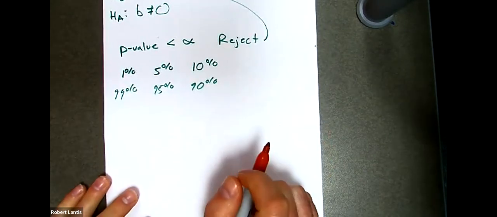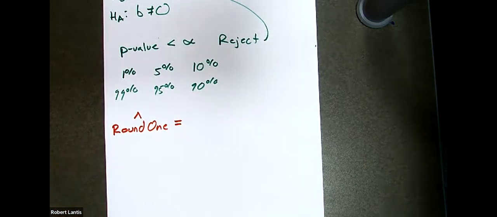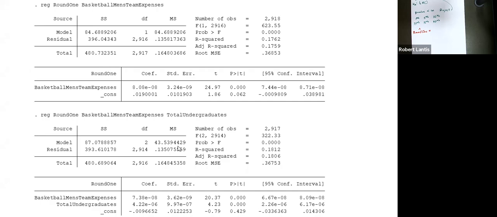So another thing that we talked about last class was that we can use our regression output to make predictions. So if I want to predict whether or not a team makes it into that first round of the tournament, I can use the output that I see from Excel or these other statistical programs. So we're going to use the less naive regression where we included the undergraduates as an additional control. So I get what? Put this up here.